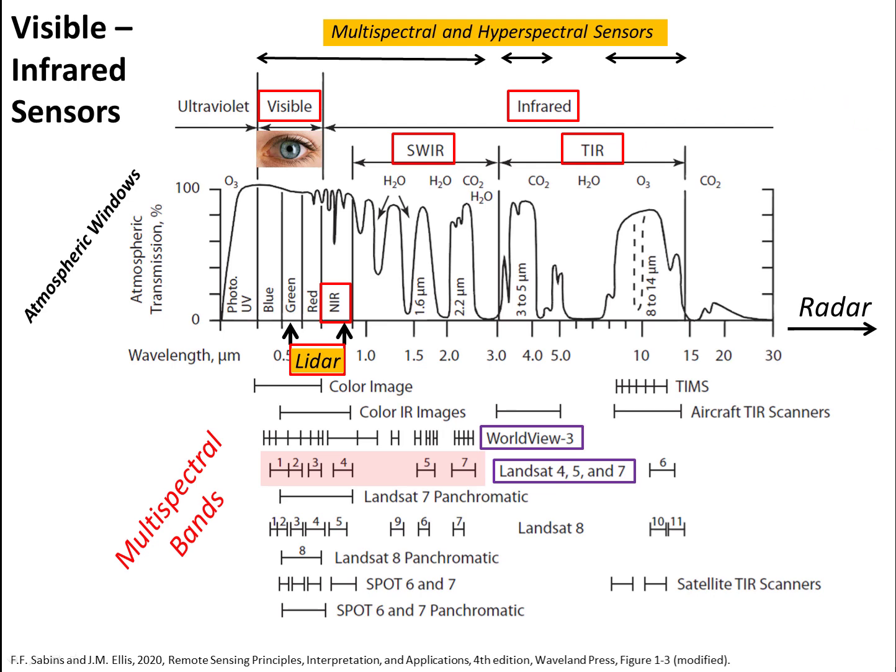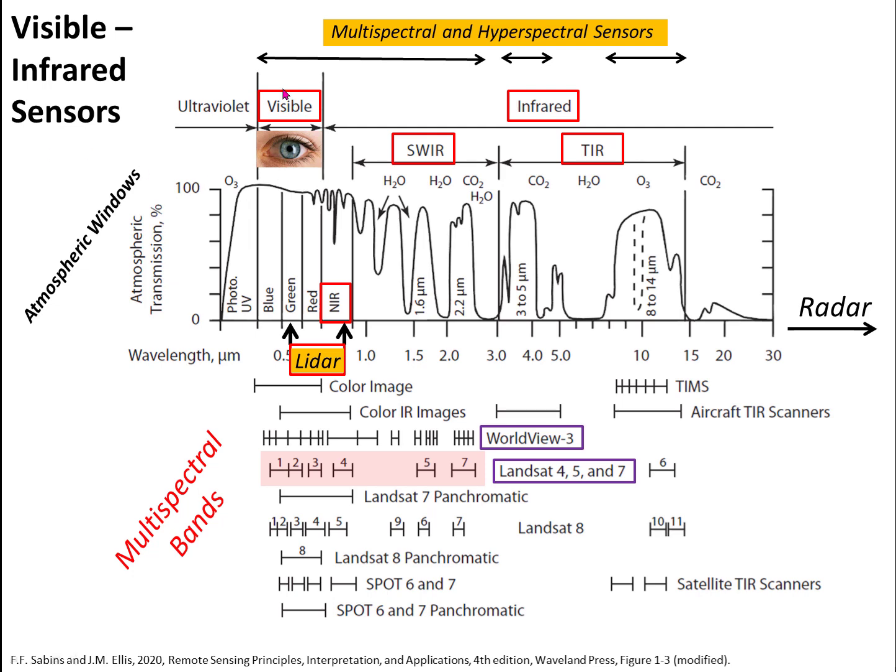So here we're looking at the visible infrared sensors. Again, the horizontal axis is wavelength going from shorter to longer, but the vertical axis in this case is atmospheric transmission. You can see the visible light is easily transmitted through the atmosphere, bounces off the feature of interest and into our eyes.